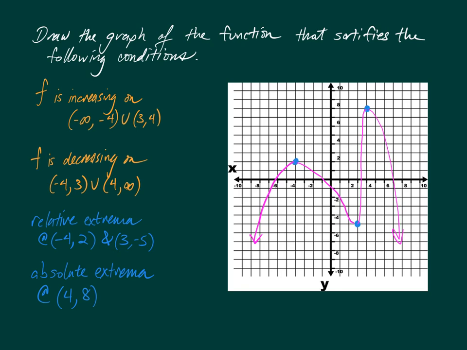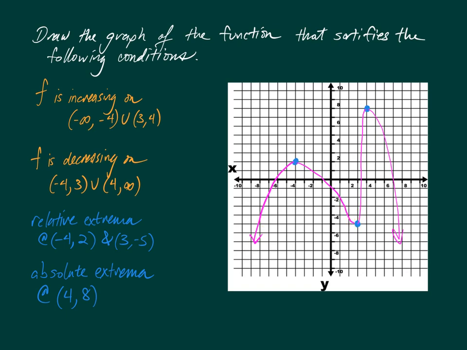And let's double check here that these extrema are relative. So I have a relative extrema at -4, 2. Yep, this point is definitely higher than that, but it is still a maximum. The graph goes from increasing to decreasing. Cool. The relative extrema here, 3, -5. Yep, that's an extrema. It's a minimum. It bottoms out.